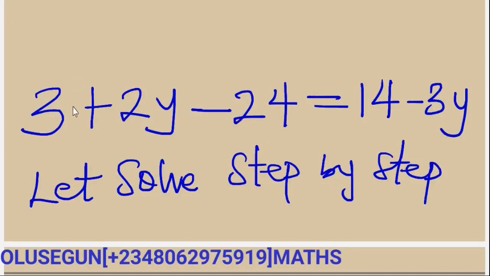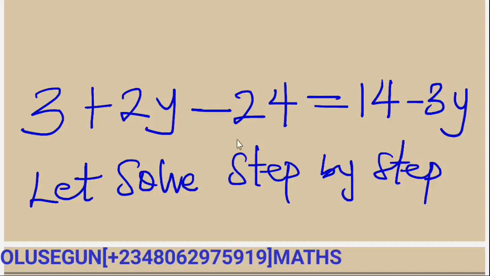We are here to solve this equation: 3 plus 2y minus 24 is equal to 14 minus 3y. In solving this equation, we have to consider many factors.